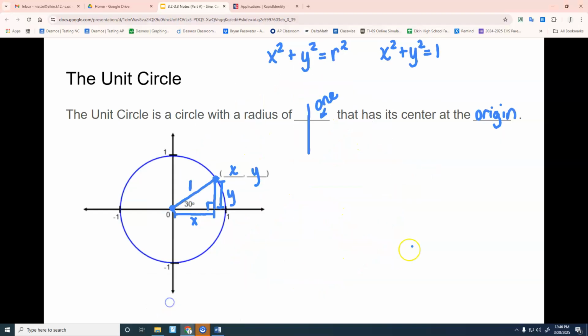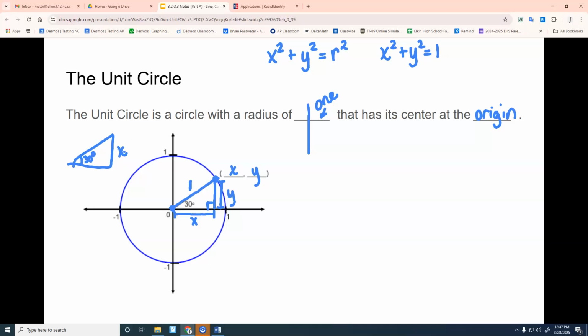So now, using what we just learned or remembered about special right triangles, I've got the hypotenuse. Special right triangles in a 30, 60, 90, I want the short leg first. Short leg is easiest. So if I try to find the short leg, which is my y, what do I need to do? On that 30, 60, 90, let me draw it in the same orientation as we had here. 30 degrees.